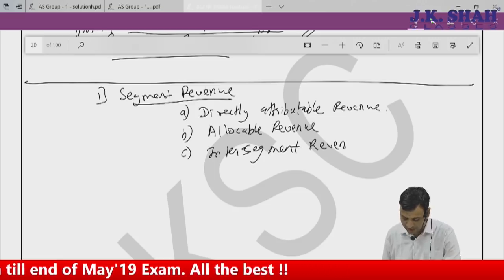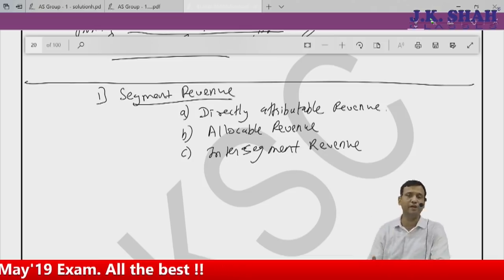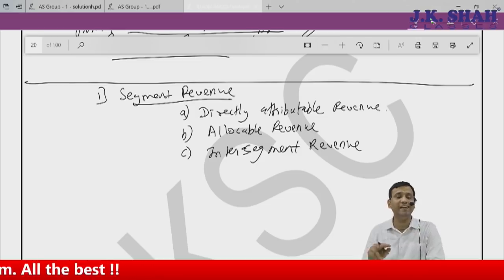So if anybody asks what you mean by segment revenue: it consists of three things, directly attributable revenue to that segment, allocable revenue on a logical basis, and inter-segment revenue. Between the segments there is some kind of transaction, which is referred to as inter-segmental revenue.